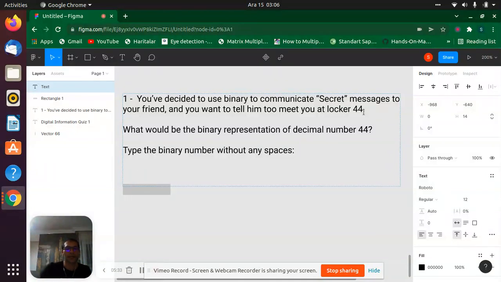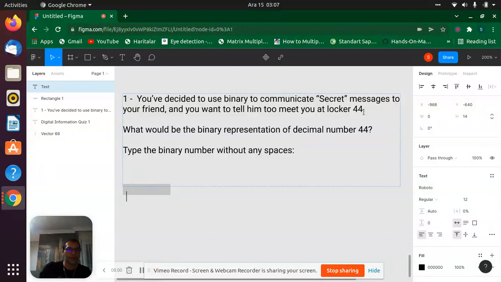So what we have to do, we know 2 to the power of 0, 2 to the power of 1, 2 to the power of 2, 2 to the power of 3, up to 2 to the power of 8, and we can go on, okay? Now we have to think, 44 is not 32, it's greater than 32. I think it has to be between 32 and 64.